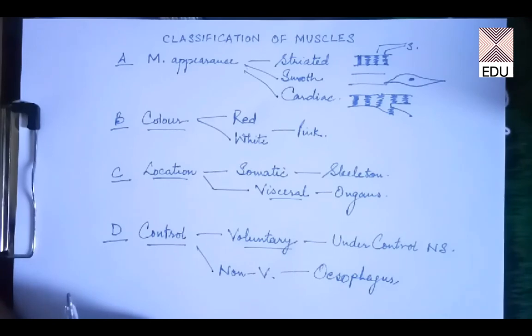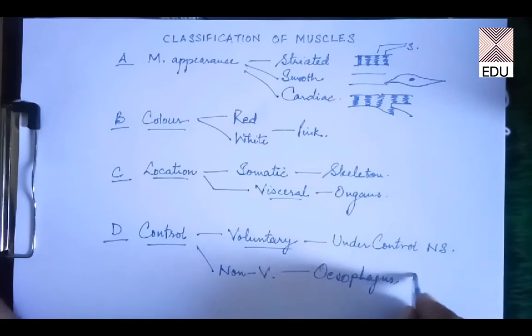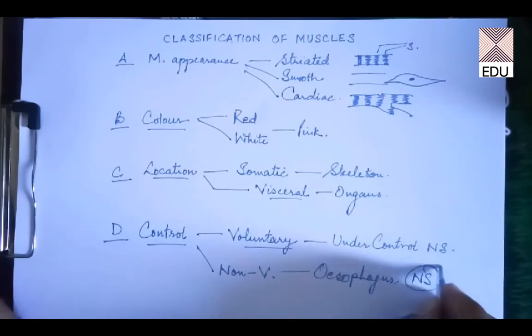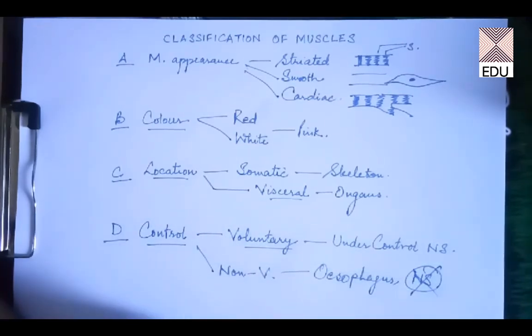You cannot control the movement of your stomach or your intestine. So these are some of the organs which are not under your control. These contain the involuntary muscles. These are not under the control of your nervous system.